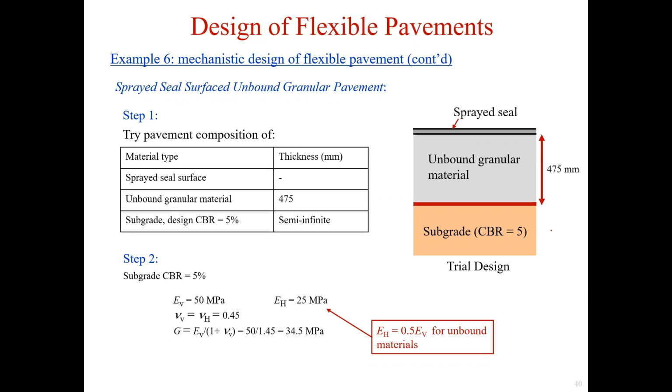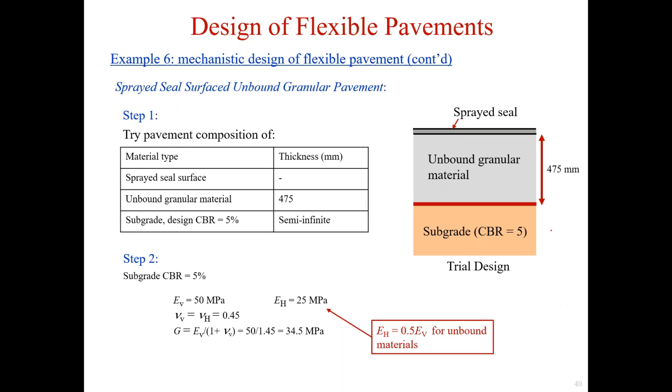For the trial design, the first step is to try a pavement composition with a thin top spray seal surface and 475 millimeter unbound granular material, and subgrade design CBR of 5%. Step 2 is to calculate subgrade properties. When CBR equals 5%, EV equals 50 megapascal.